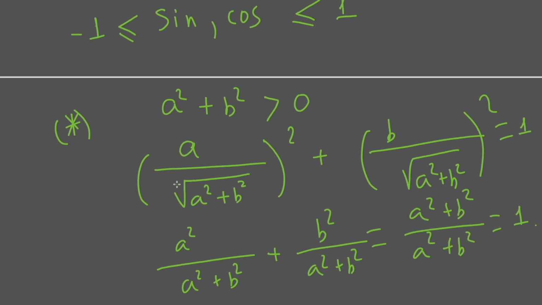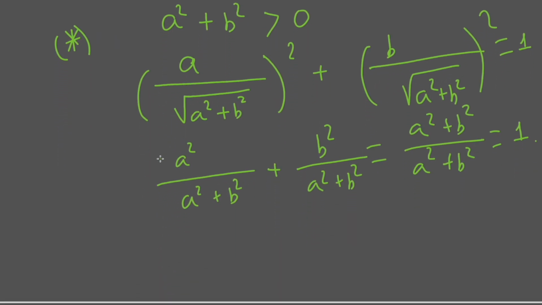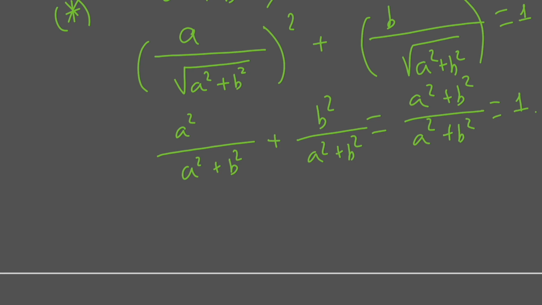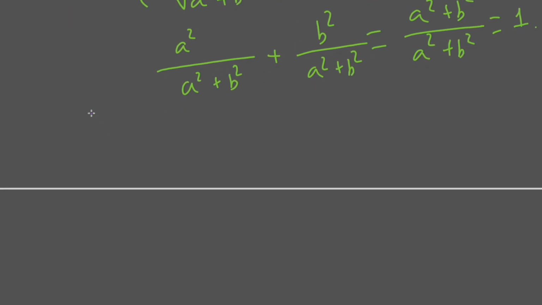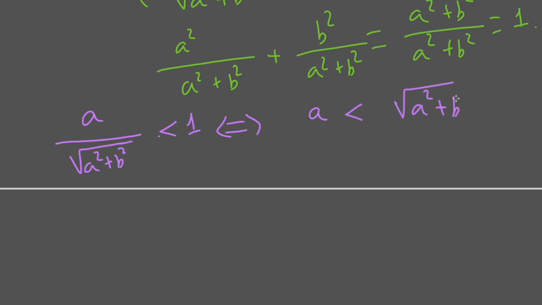And you can see that A over square root of A square plus B square is always smaller than 1. That is because A square is smaller than A square plus B square.